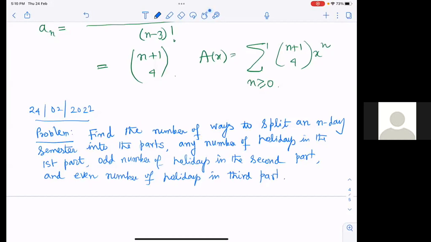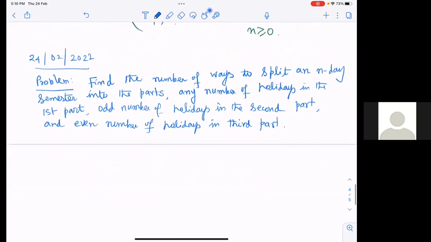Okay, and in the second part you are allowed to use only an odd number of holidays, and in the third part you are allowed to use an even number of holidays, and you have to find how many ways you can have this arrangement. Okay, so we can place holidays whenever.